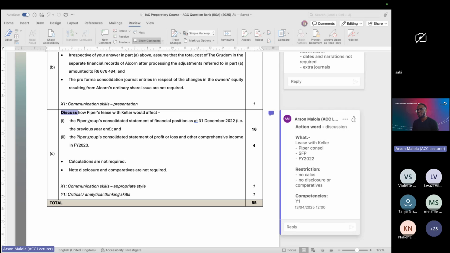And then Melanie asked, the required state to correctly account for the Gruden, does that not include the fair value adjustment? I'm always a bit confused as to when to stop my journals. Oh, okay, cool.